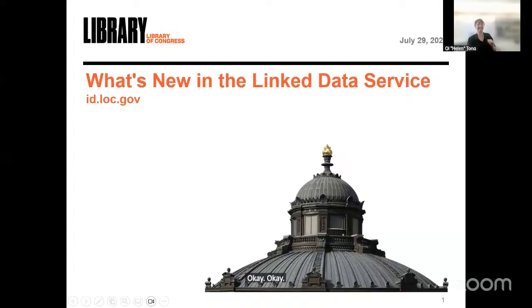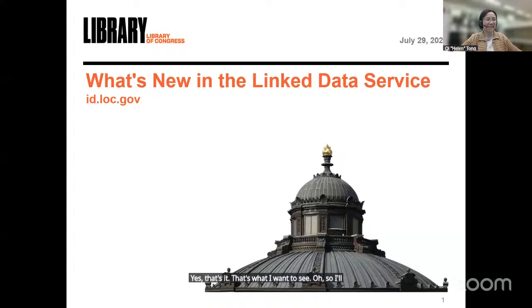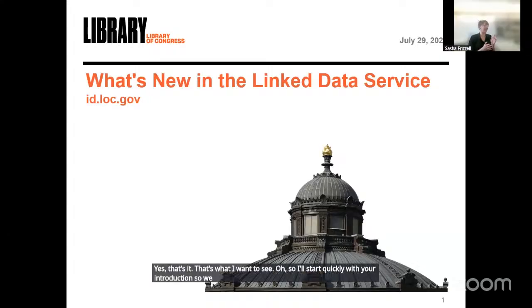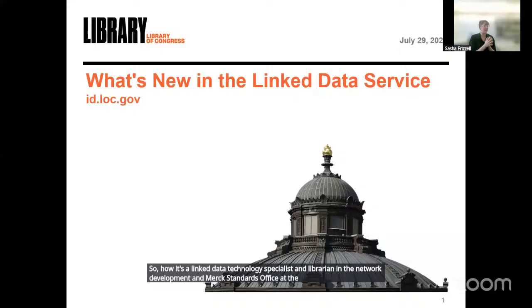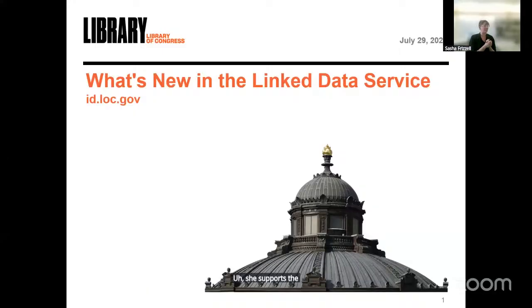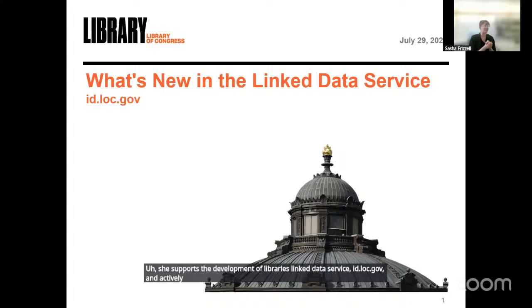Okay, great. So I'll start quickly with your introductions and we can get you going. Helen is a linked data technology specialist and librarian in the Network Development and MARC Standards Office at the Library of Congress. She supports the development of the Library's linked data service, id.loc.gov, and actively participates in ongoing development of the BibFrame standard to bring bibliographic description and data exchange into the linked data environment.